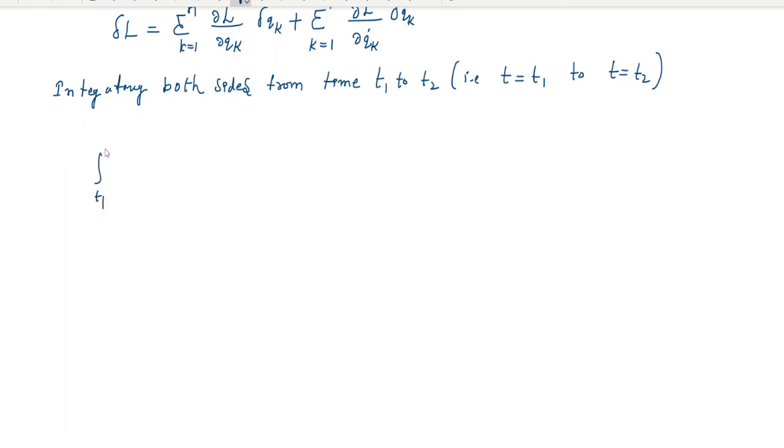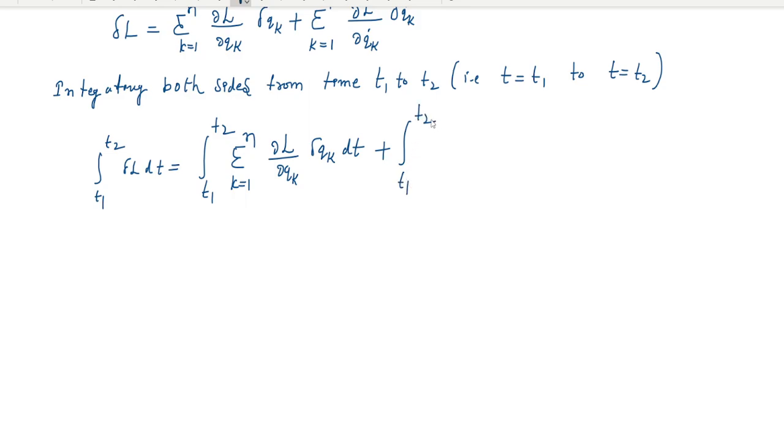Integral t1 to t2 delta L dt equals integral t1 to t2 summation k equal to 1 to n, partial derivative of L divided by partial derivative of qk, into delta q dt, plus integral t1 to t2 summation k equal to 1 to n, partial derivative of L divided by partial derivative of velocities. Q dot means velocity, right?